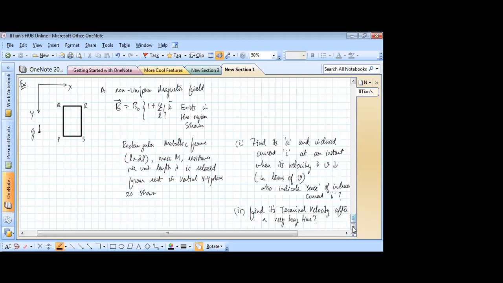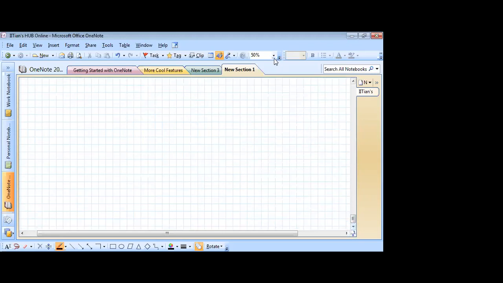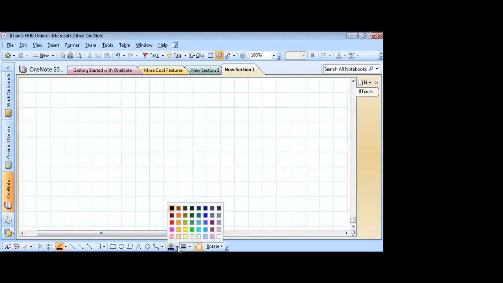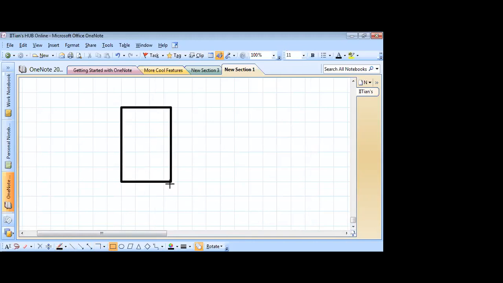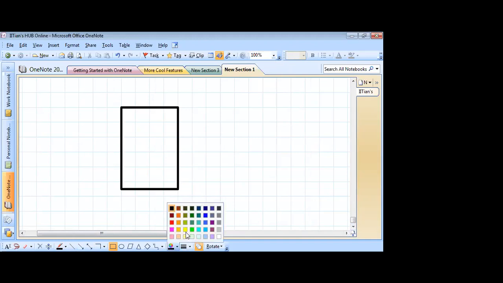Okay, let me verify the answers. So first of all here, you have to understand one thing, that because our x-axis is like this and y-axis is like this, z-axis is into the plane.